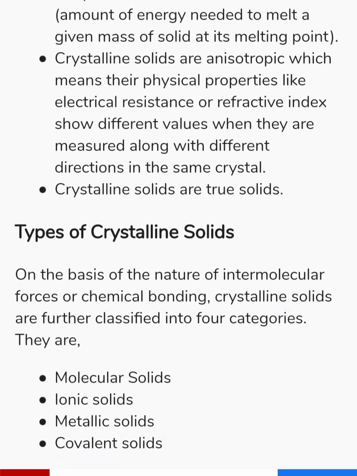Types of crystalline solids. On the basis of the nature of intermolecular forces or chemical bonding, crystalline solids are further classified into four categories. Number 1, molecular solids. Number 2, ionic solids. Number 3, metallic solids. Number 4, covalent solids.